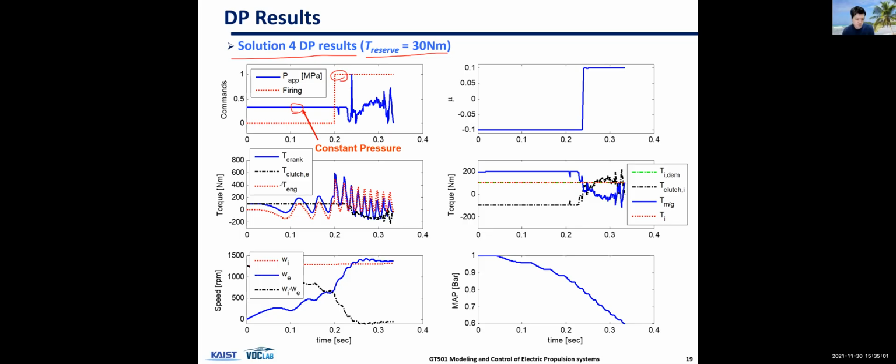You're looking at torque. You're looking at motor torque, clutch torque, and then engine speed, delta omega, and so forth. Again, this is raw data. This is DP results. Okay. So this was quite interesting, and DP was able to find a solution that actually makes some sense.